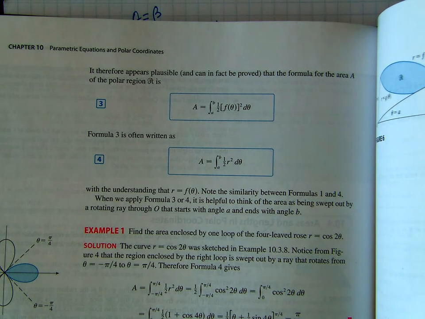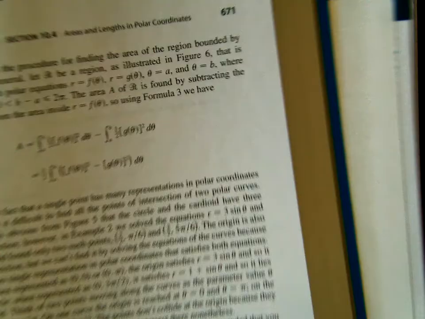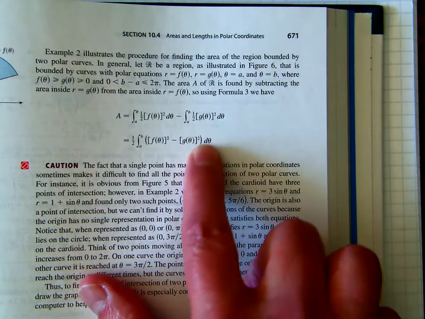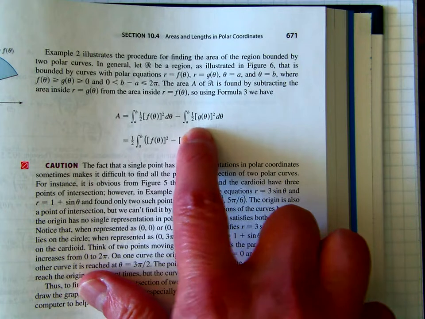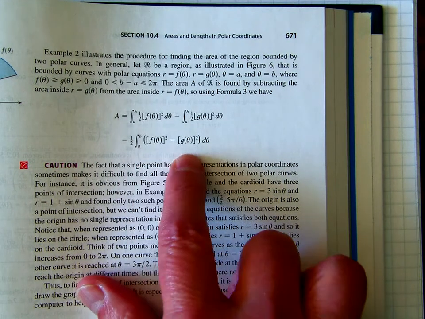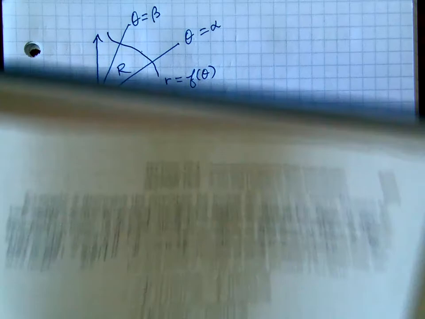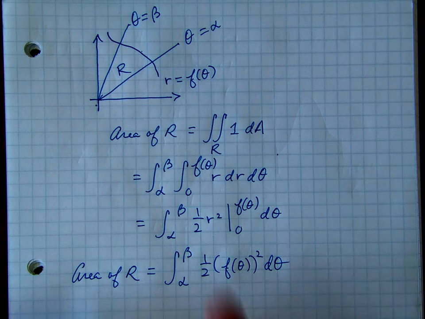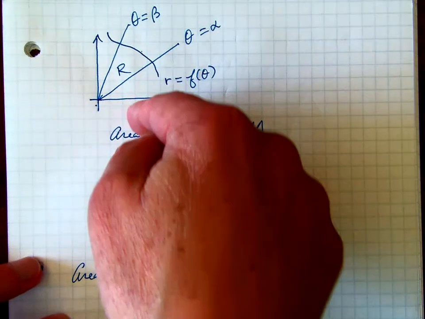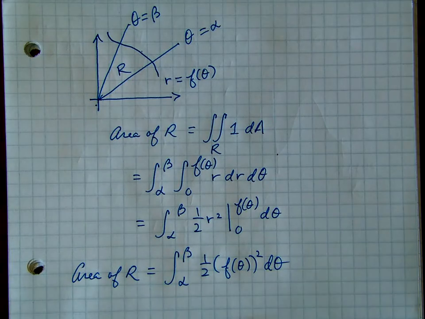And if you have a region between two curves, then you have f of theta squared minus g of theta squared, the outer function and the inner function, and you end up with this f squared minus g squared formula, which is exactly what would have happened if we had had f and g bounding the inner and outer edges of the region R. So this just takes us back to something we knew already.